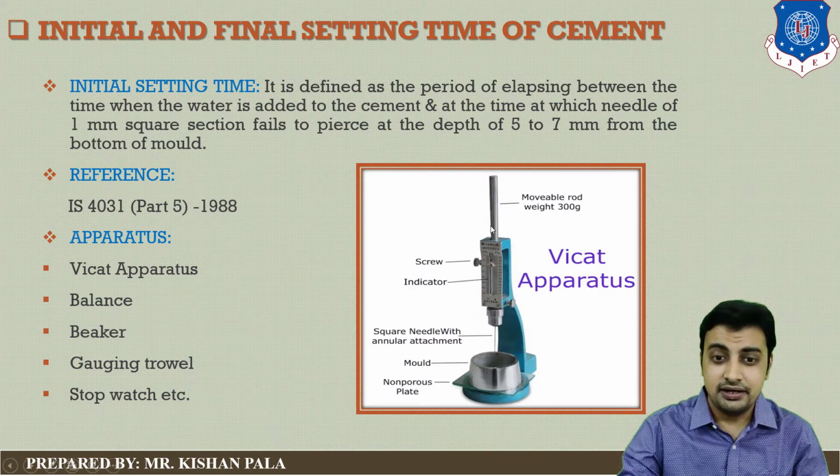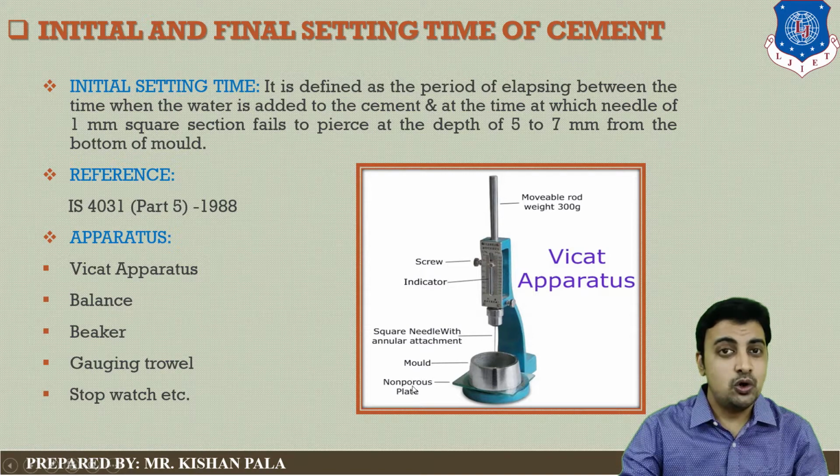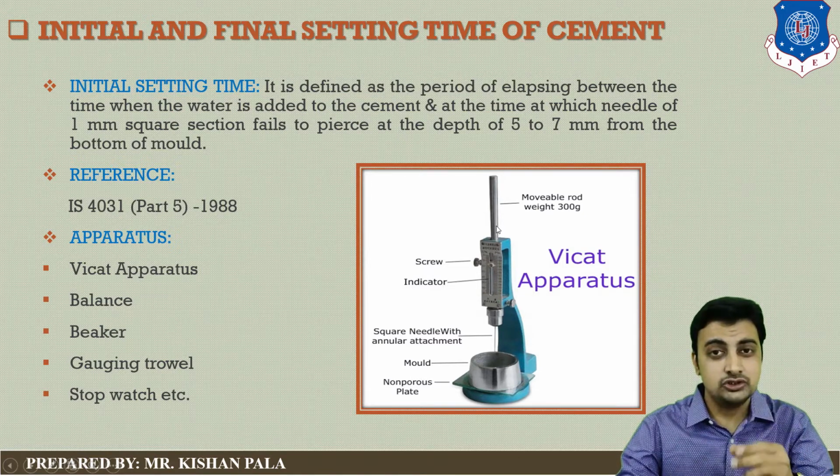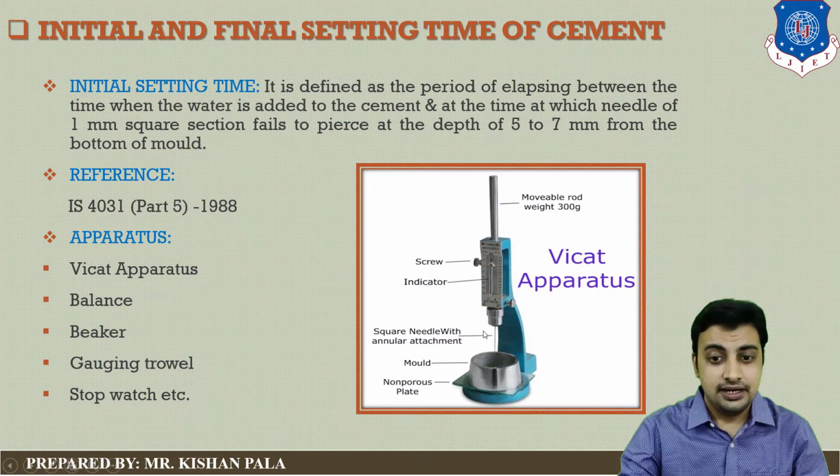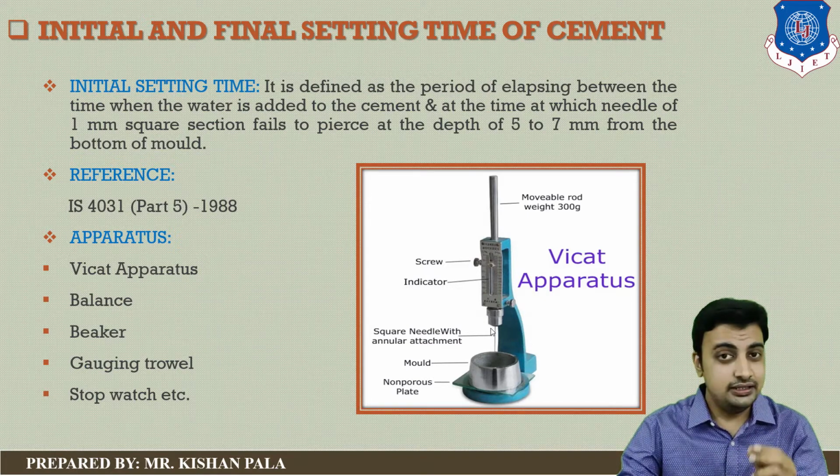It contains the screw, indicator, and the mold, which is placed on a non-porous plate. This is the movable rod, which we allow to fall with its own weight, and this is the needle. In the initial setting time we use a 1 mm square needle, and in the final setting time we use a 5 mm diameter bottom.